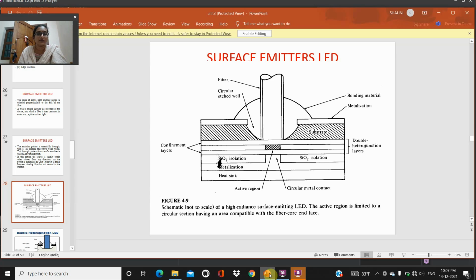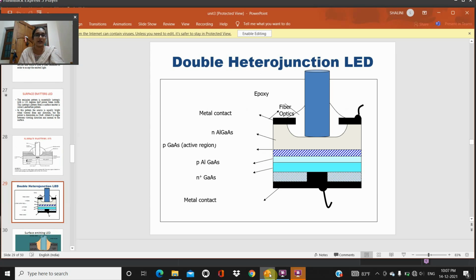Above that, the substrate is etched with a circular well, and in that substrate well the fiber is cemented, and after cementing, the fiber is bonded with the bonding material. This is the structure of a surface emitter LED.